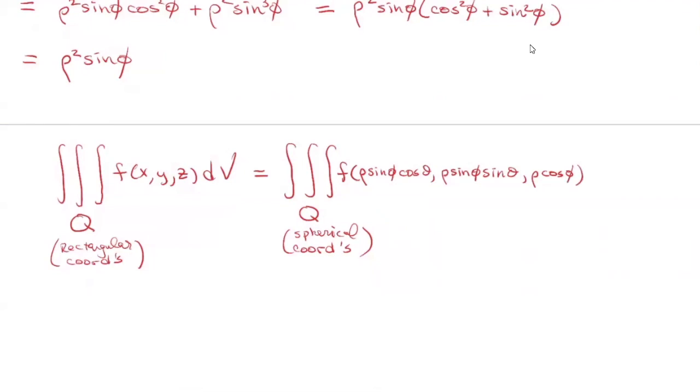But then you have to put in a Jacobian. So you would have to take the absolute value of the Jacobian of x, y, and z with respect to rho, then phi, then theta, in that order. And the order doesn't matter, so don't get hung up about that.